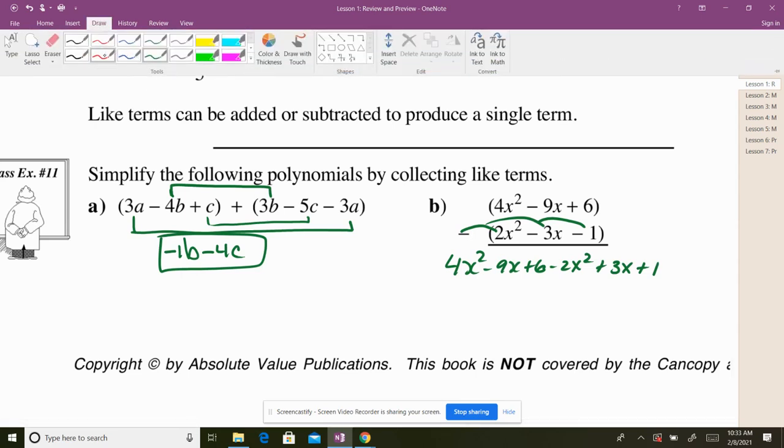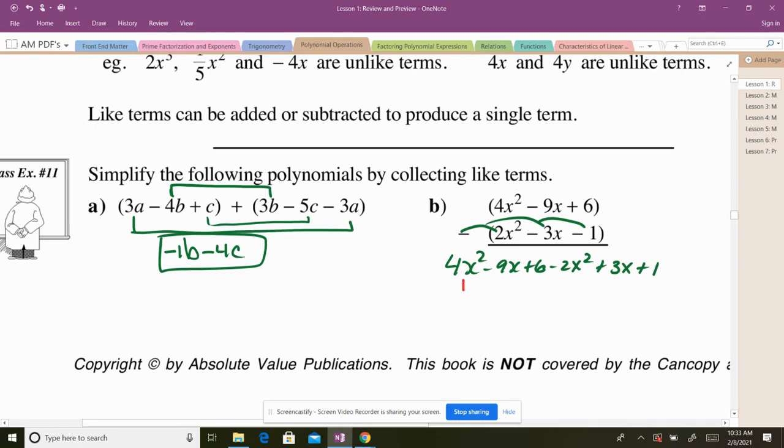It has to be the same variable and the same exponent. 4x squared minus 2x squared. The variables don't change. It's like 4 apples minus 2 apples. How many apples do you have? You have 2 apples, right? The x squareds are like apples.